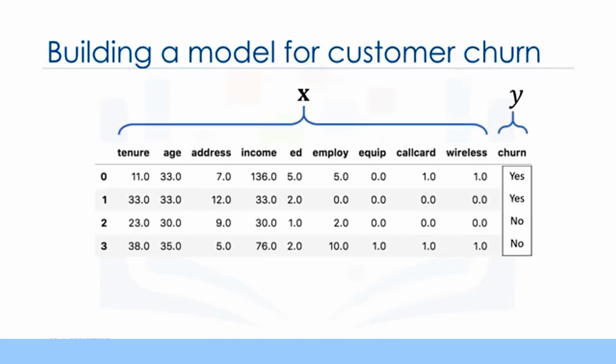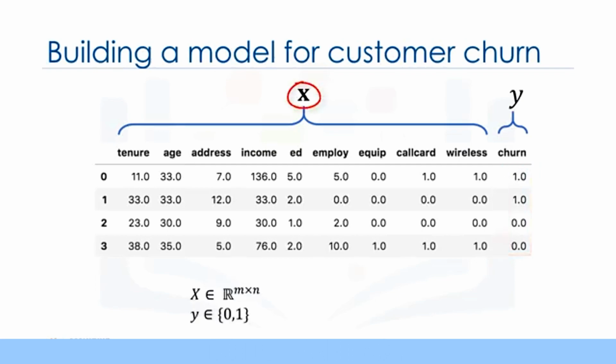We define the independent variables as X and dependent variable as Y. Notice that for the sake of simplicity, we can code the target or dependent values to 0 or 1. The goal of logistic regression is to build a model to predict the class of each sample, which in this case is a customer, as well as the probability of each sample belonging to a class. Given that, let's start to formalize the problem.